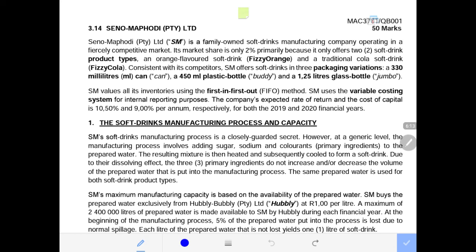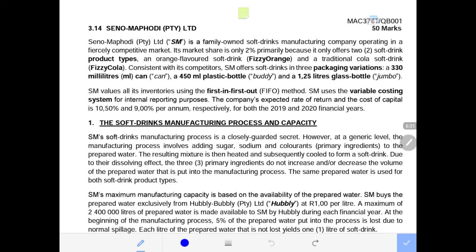Consistent with its competitors, SM offers soft drinks in 3 packaging variations: 330 milliliter can, 450 milliliter plastic bottle, and 1.25 liter glass bottle.